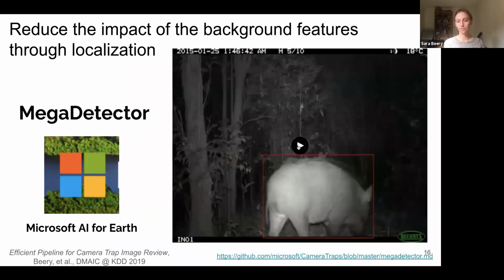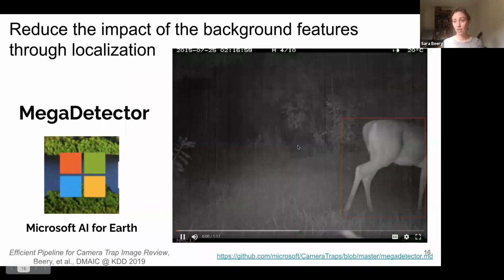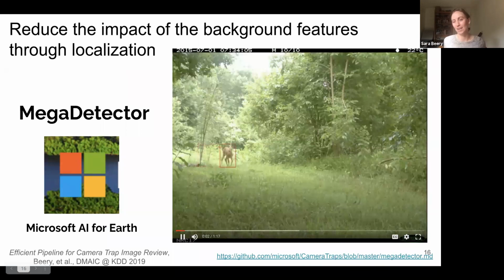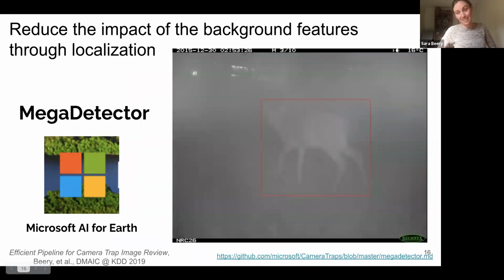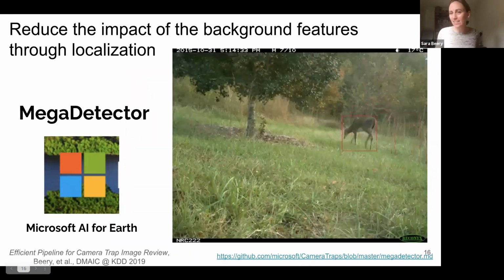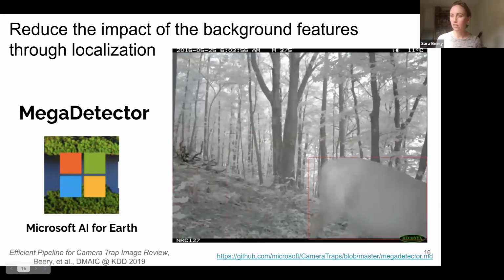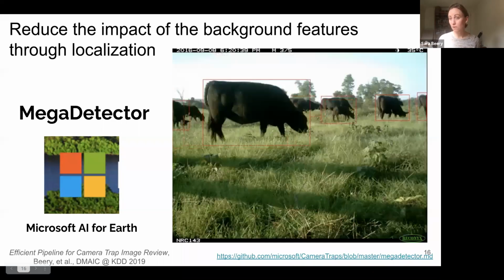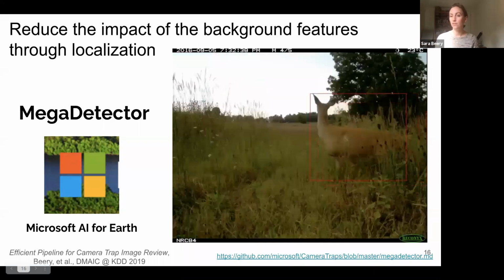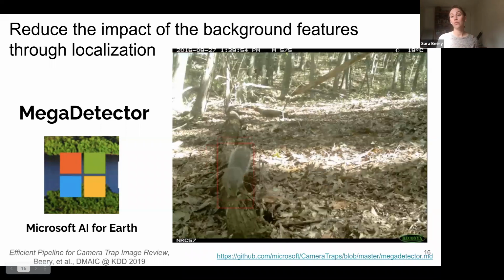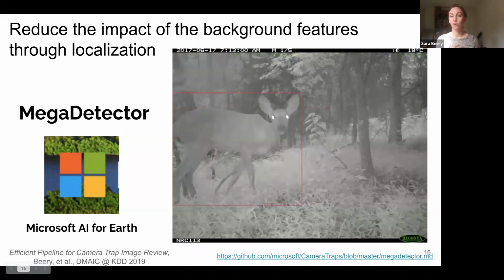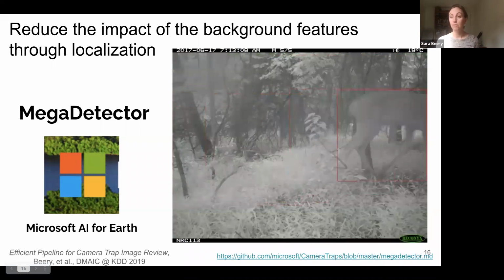So one thing that we did find actually helps a lot in that static camera scenario, and it's somewhat unsurprising, is that if you can reduce the impact of the background features in your data by doing straightforward detection instead of image level classification, that helps you learn to disambiguate foreground and background, and it helps you generalize a bit better.